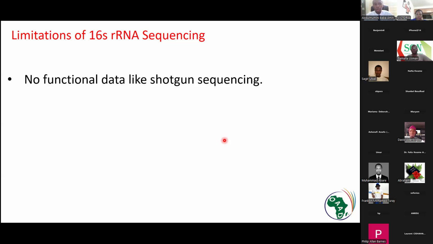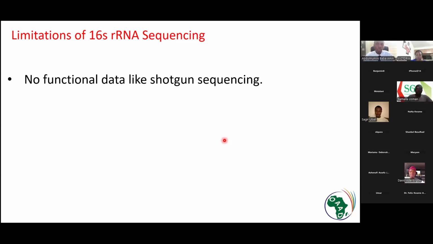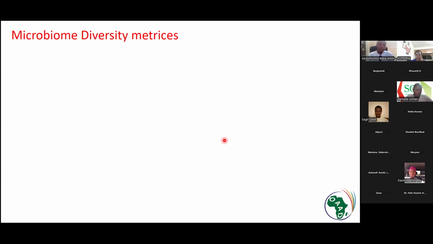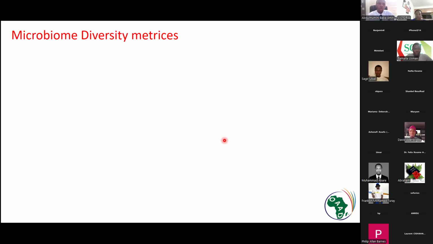However, this is just a prediction, unlike shotgun sequencing. It's not as robust as shotgun sequencing. It does not identify fungi, viruses, protozoa, and another disadvantage might be that it's unable to differentiate clearly between closely related species.